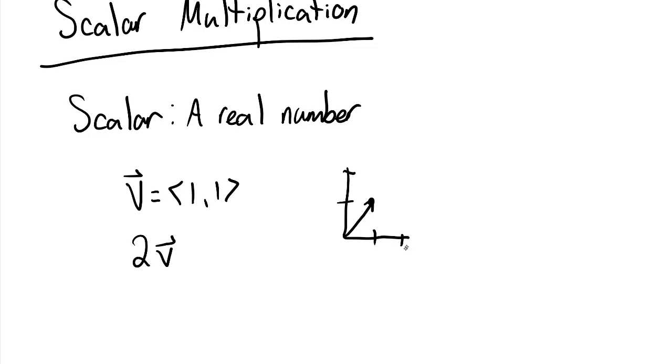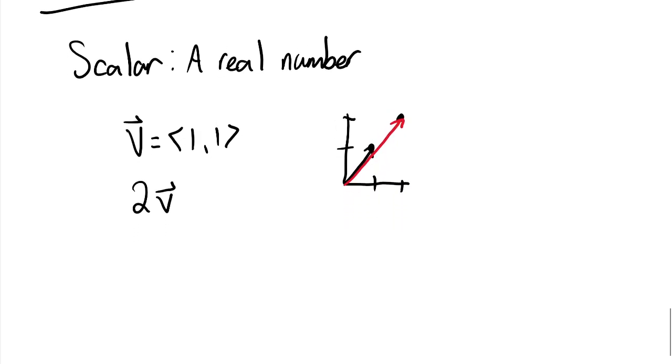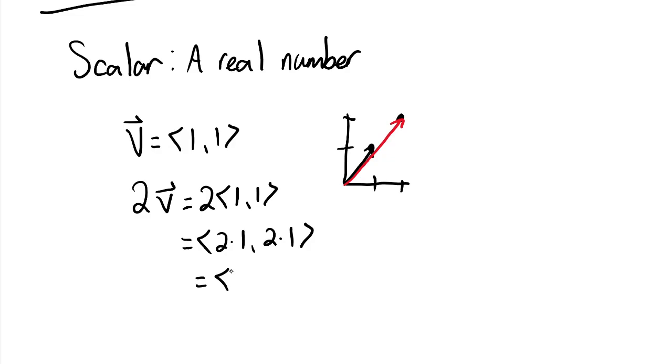In other words, we just double the length of it, and it would look something more like this. And that's exactly what we want. Geometrically, this means we multiply each component by 2. So this is just going to equal 2, 2.